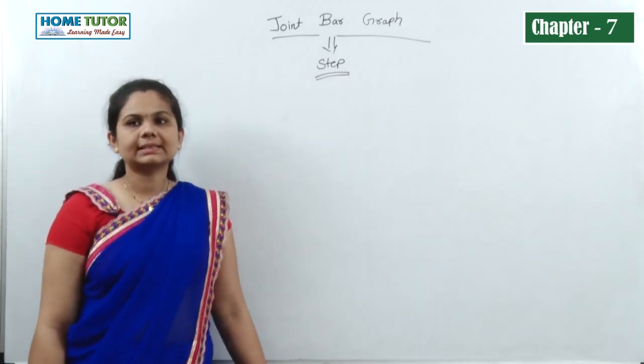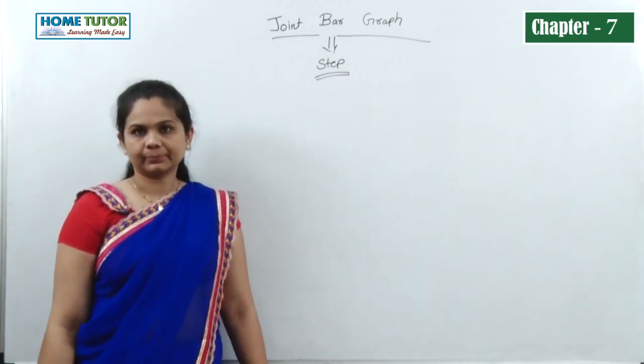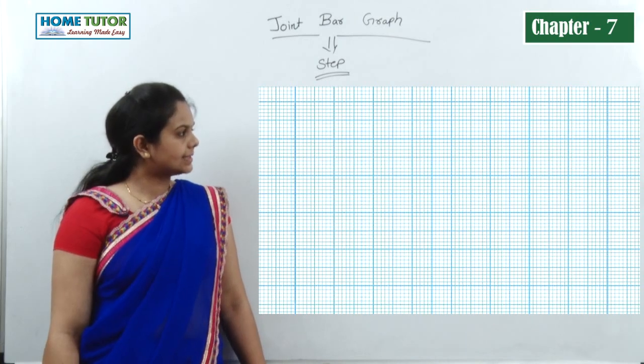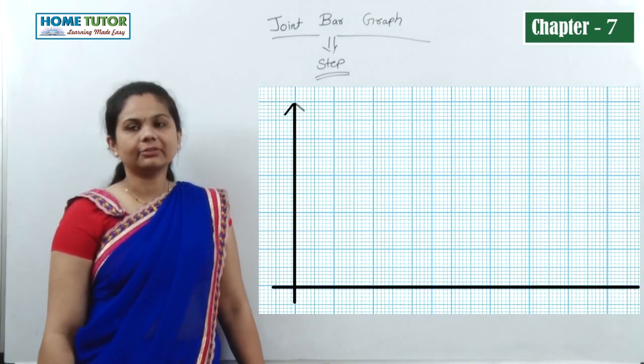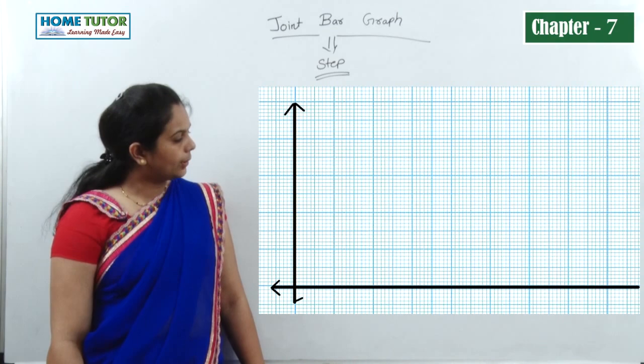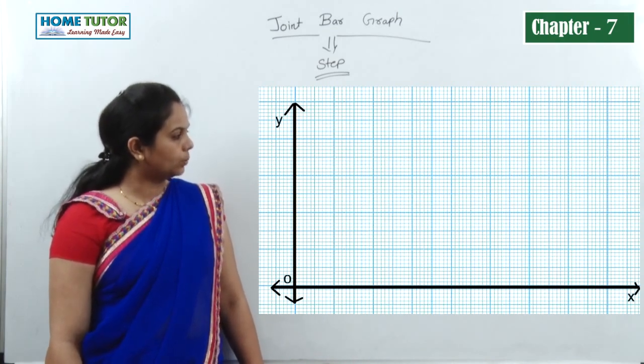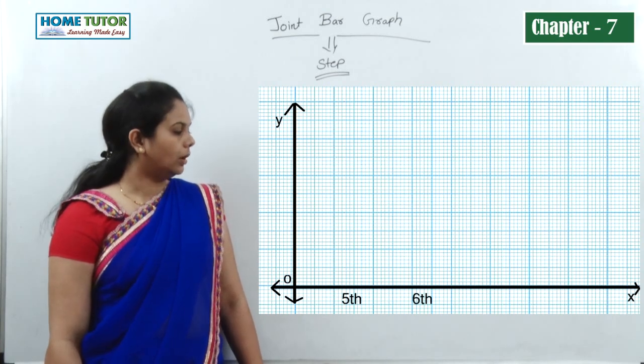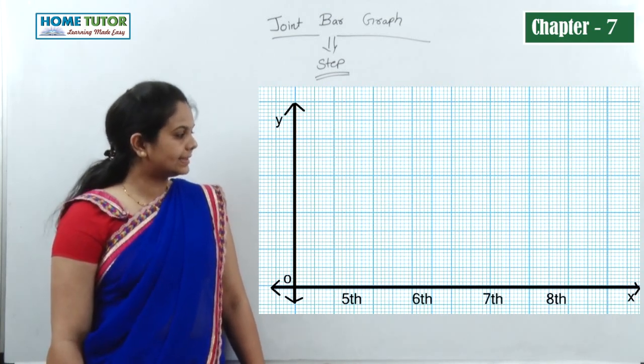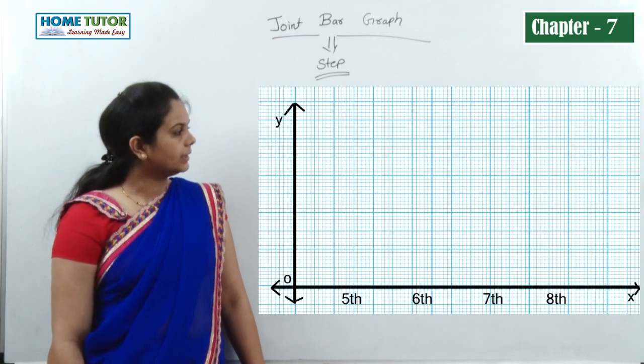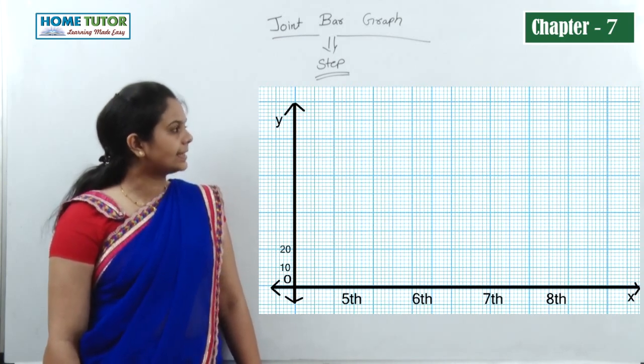Let's see. First step, step 1. So we will draw x-axis and y-axis on bar graph with their point of intersection as O. Then on the x-axis we will represent the data, and on the y-axis we will take scale.